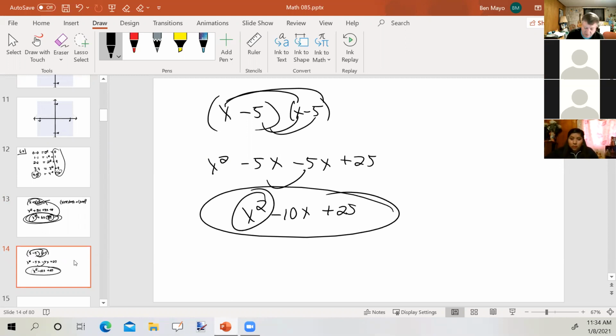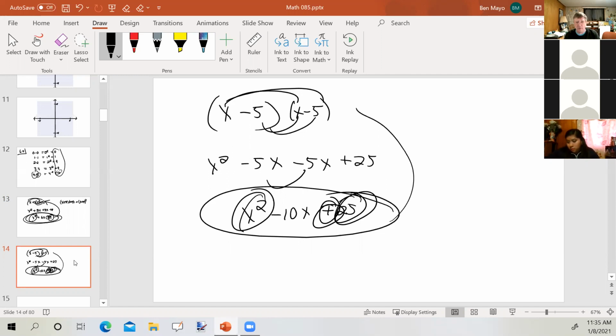It starts with a square, it ends with a square, and in front of the constant, there's a plus sign. So this could be, and in fact, as we see, it is a perfect square trinomial. Now, if this isn't a square, or that isn't a square, or that isn't a plus sign, it's not a perfect square trinomial.